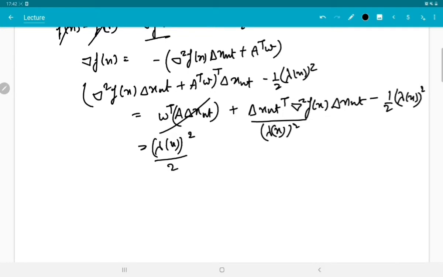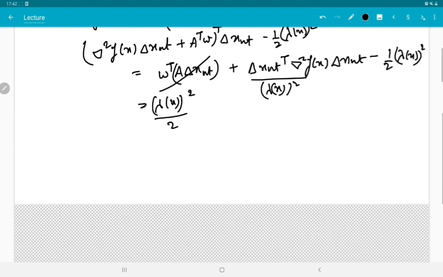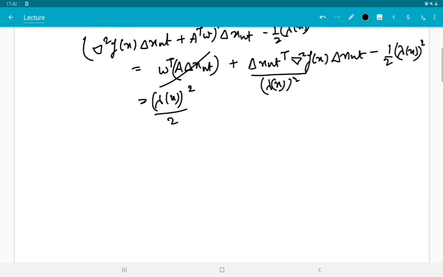So it still gives the sense of distance between the optimal point and the point we are at in the present iteration. So we can still use it for the stopping criteria, like we did in the unconstrained case.